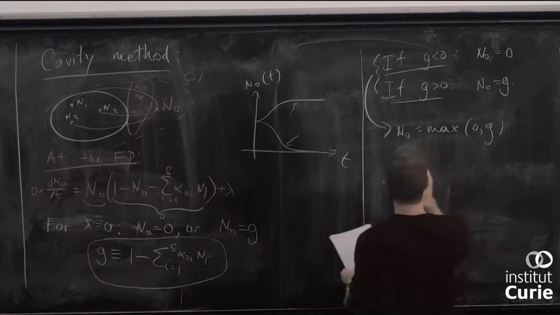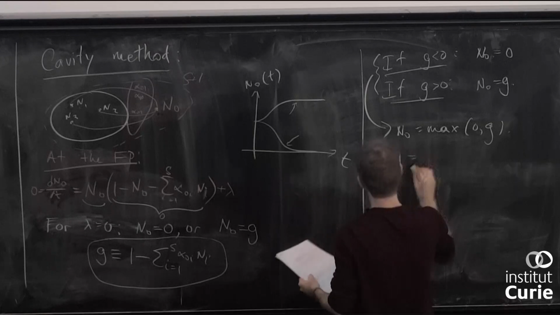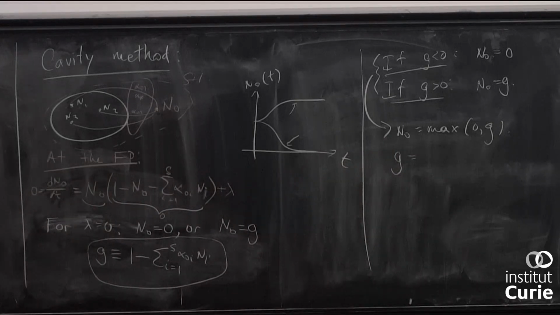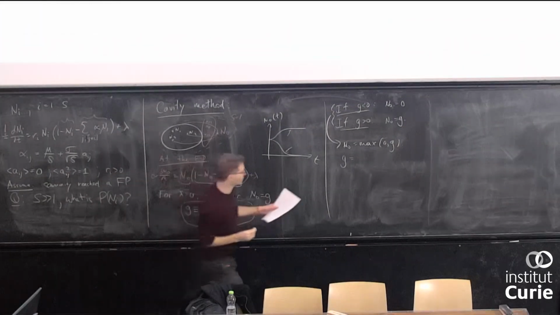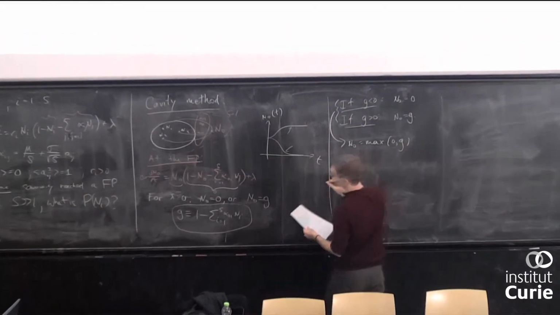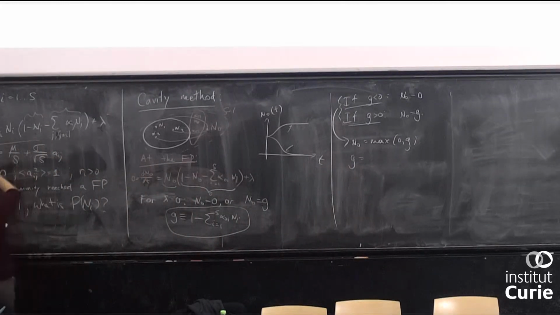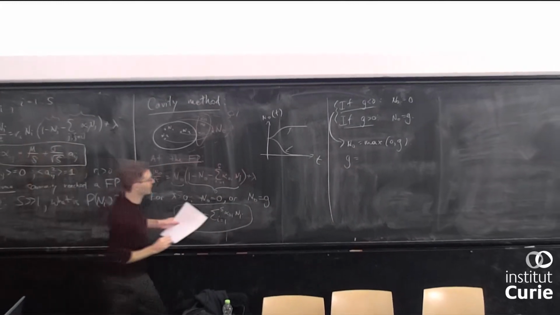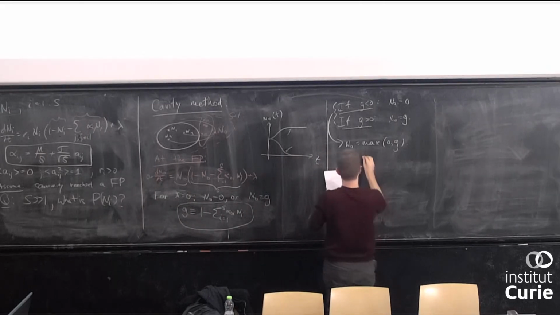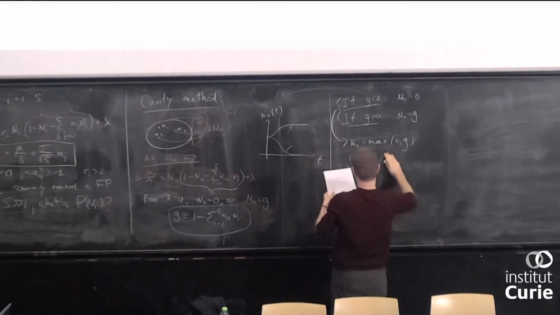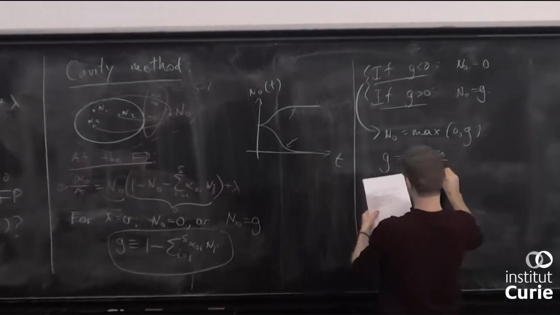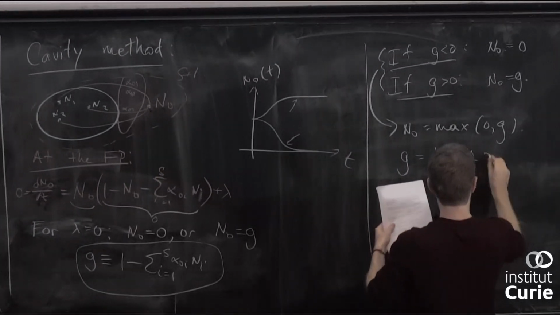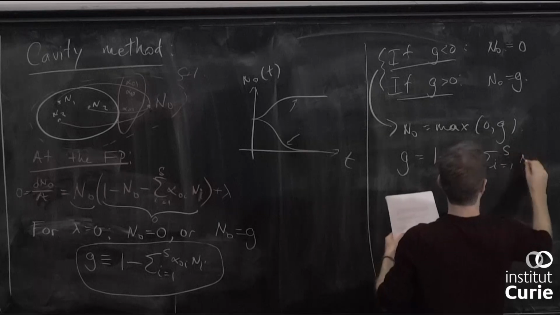Now the next step is I just rewrite G. I remind you that this is G here. I'm plugging in this thing for alpha, and I get that G is 1 minus mu over S, sum over i equal to 1 to S of Ni.